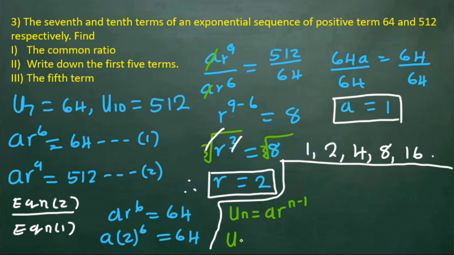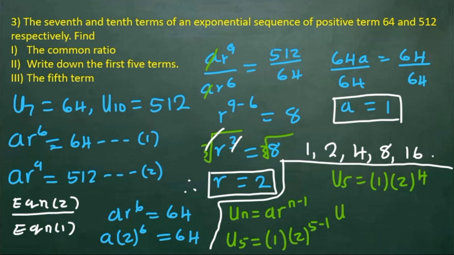So u5 equals a, where the value of a is 1, and the common ratio r is 2, so this will be 2 to the exponent of 5 minus 1.